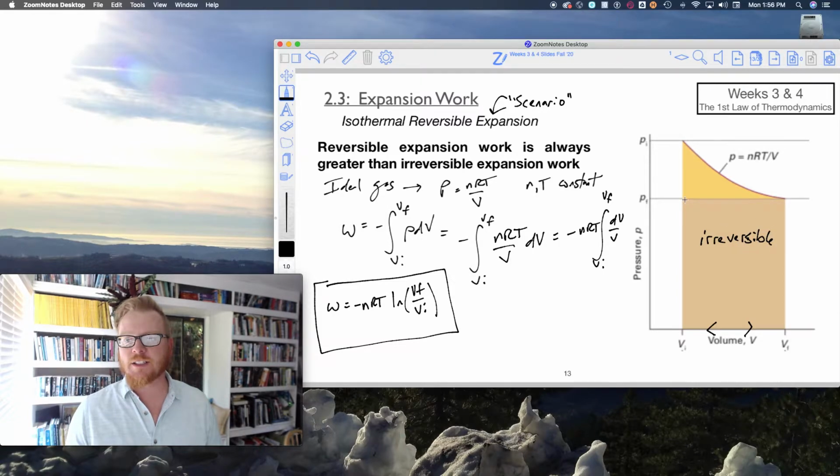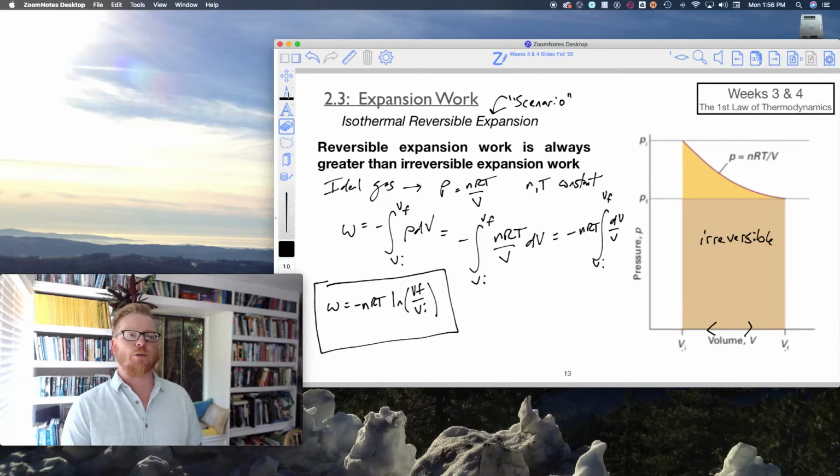Okay, just this shaded area. I'm just going to say this brown area represents only our irreversible work, because pressure is fixed. It's only going to be along that pressure line.